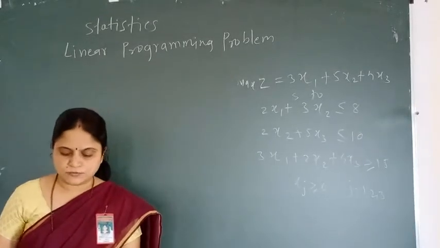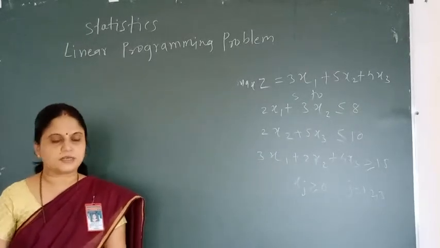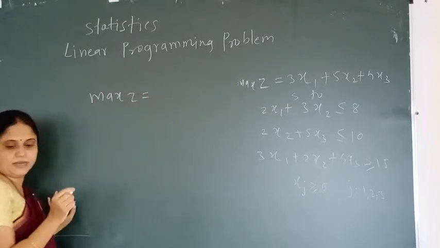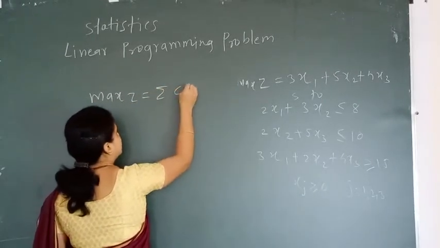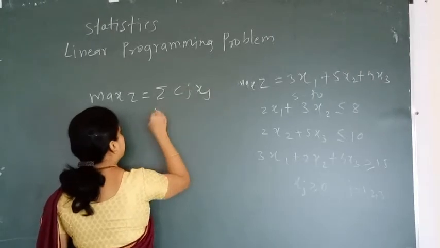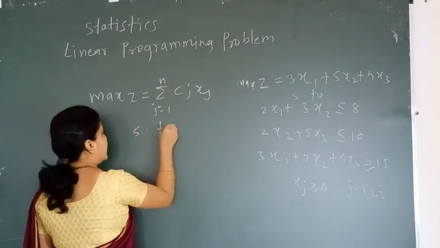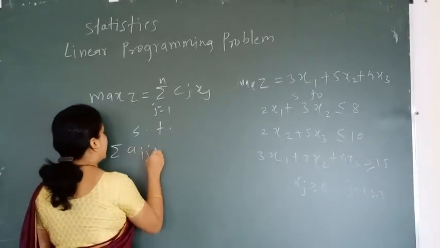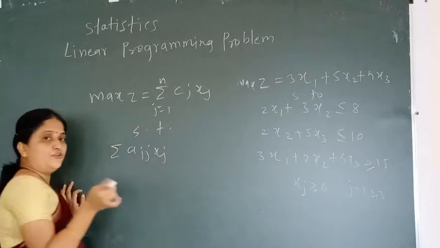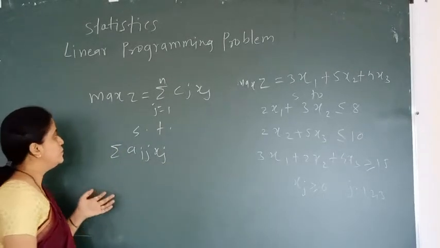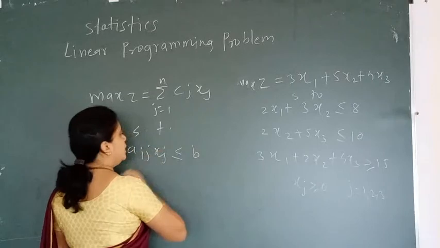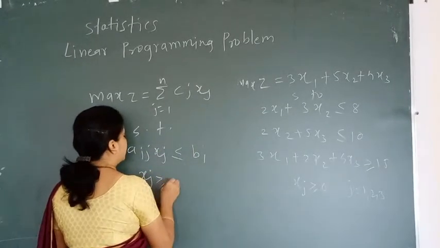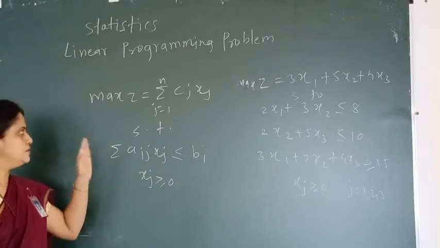My canonical form is in the form: maximize z equals summation of Cj xj, j running from 1 to n, subject to the constraints summation of aij xj. For canonical form, the constraints must all be less than or equal to type, bi, and your xj is greater than or equal to 0. So this is my canonical form.